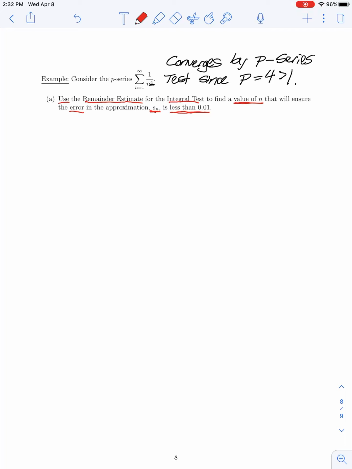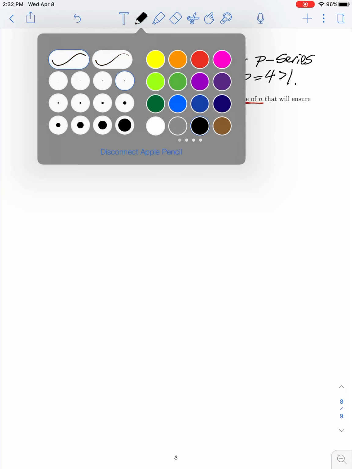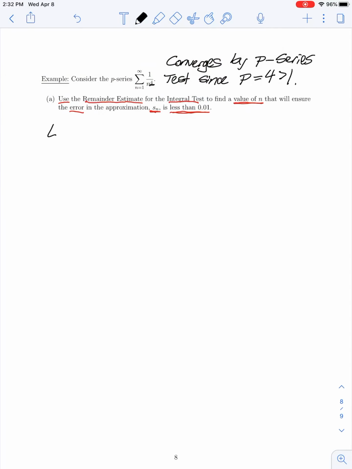That is, how many terms do we need to add to ensure accuracy to within 2 decimal places, so that our error is less than 1/100th. So here, again, let's use capital S to denote the sum of this series, 1 over n to the 4th from 1 to infinity.